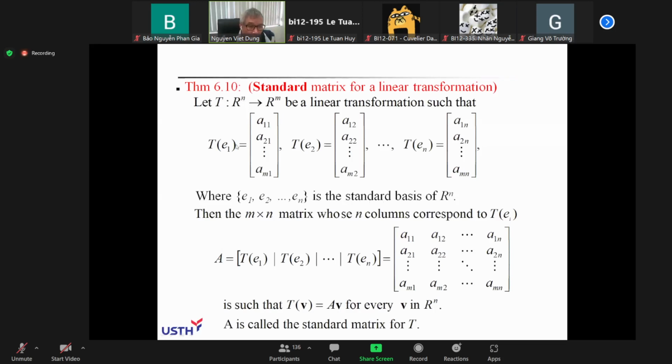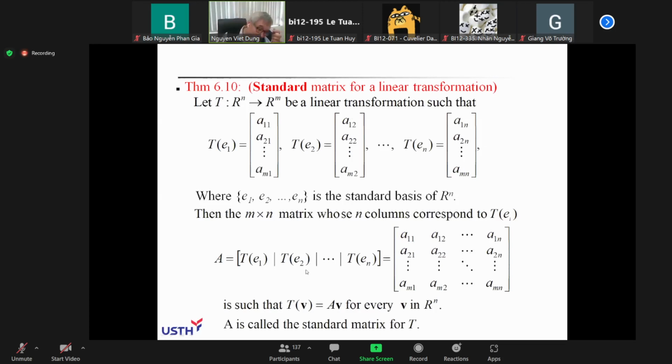And then we write down the coordinates of T(e1), T(e2), ..., T(en). We write the coordinate columns like that, and we put those columns side by side like that one.